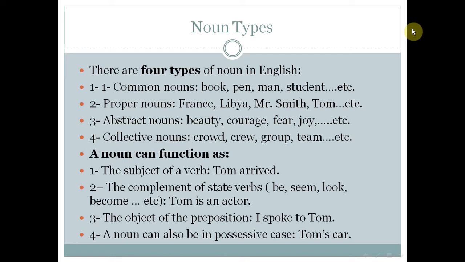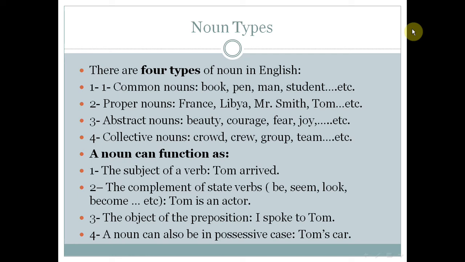So, common nouns, number 1. Proper nouns, number 2. Abstract nouns, number 3. Type number 4 of nouns, collective nouns: crowd, crew, group, team, family, and so on.